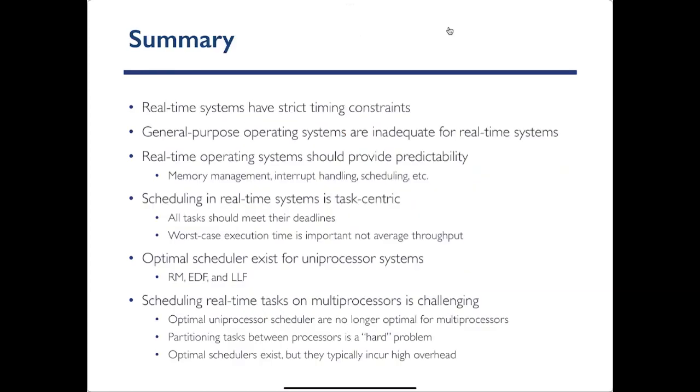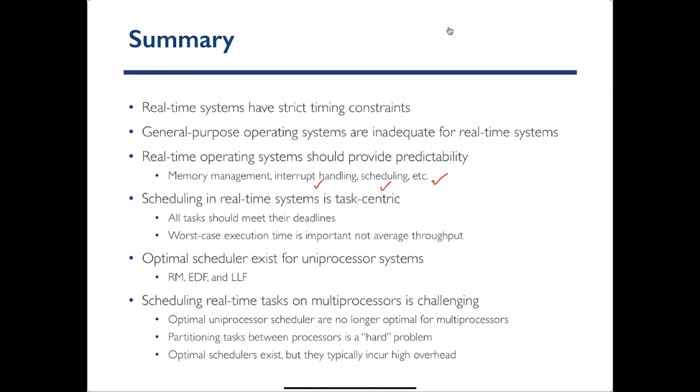Okay, so in summary, we looked at different real-time systems. We looked at why general purpose operating systems are not enough to run a real-time system. In particular, we looked at memory management. We looked at interrupt handling. We looked at the scheduling policies.